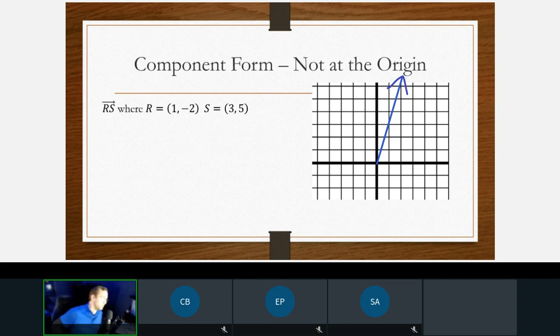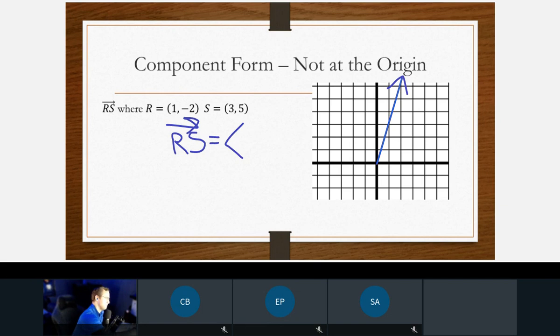So in component form, I should have typed this out and I didn't. So vector rs is equal to, all right, what's that new coordinate? 2 comma something, right? 2 comma what? 2 comma 7, thank you.